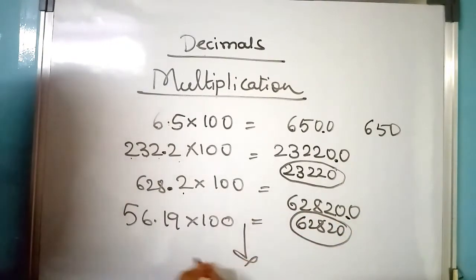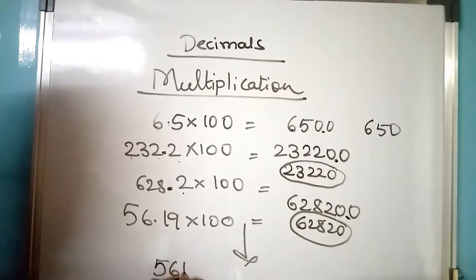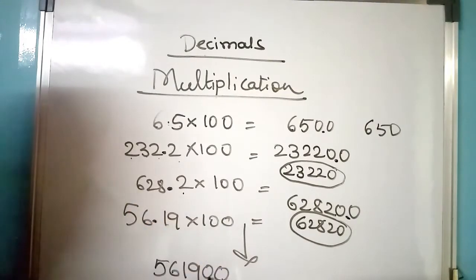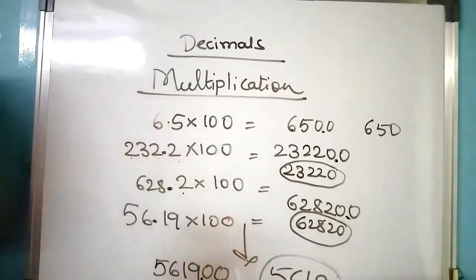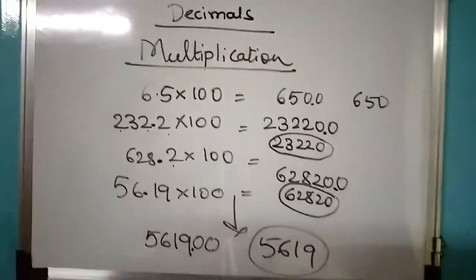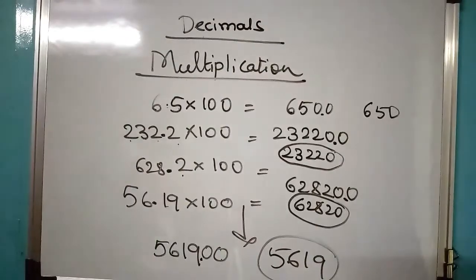Okay, for this 561900, and after decimal there are two places, so from right to left we will come back and give the decimal, and so the answer is 5619. In that way you can complete this decimal part.